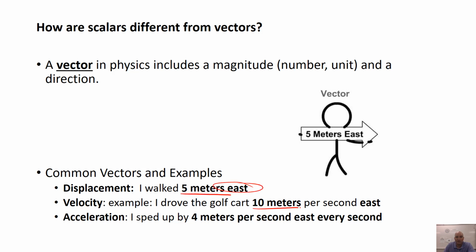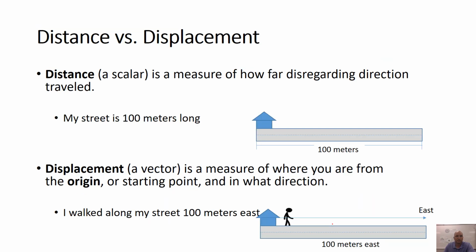If I am driving the golf cart, but now I'm going east, meters per second east, well, that's a vector because you have the unit, 10 meters per second, and you have the direction east. Acceleration, 4 meters per second every second. So now thinking about acceleration, we're not just going a direction, we're changing our velocity in a direction. So you're going to notice that it has a second. It's going to be meters per second every second.